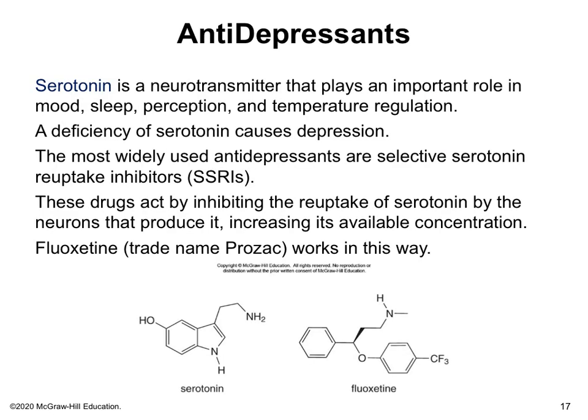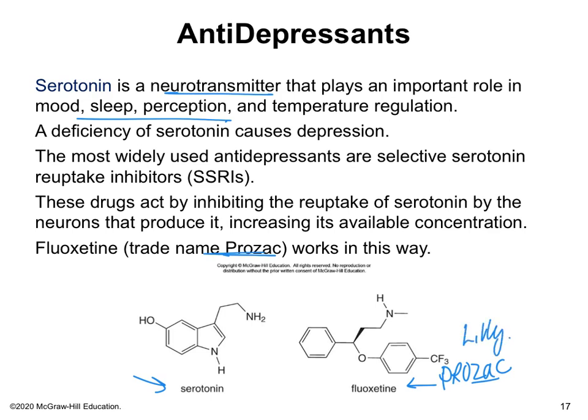So serotonin, this is our natural neurotransmitter, and it helps with our mood, sleep, and perception, temperature regulation. Fluoxetine is actually Prozac, and that was actually a Lilly drug, and it was first of its class.